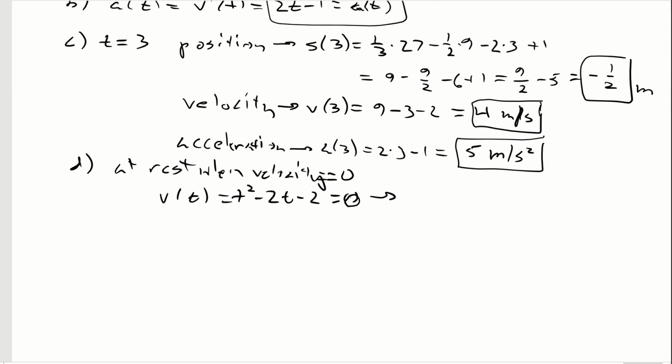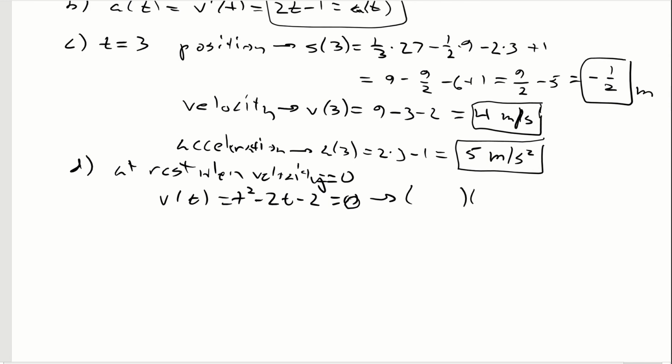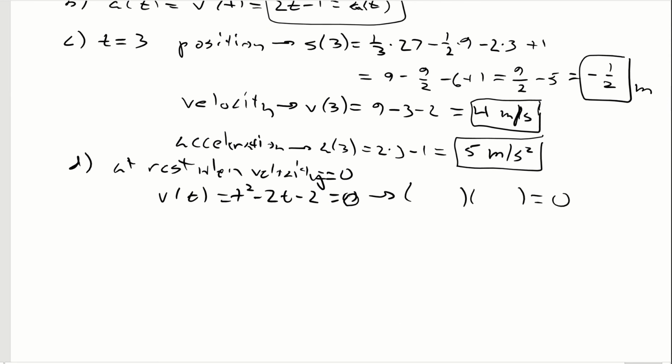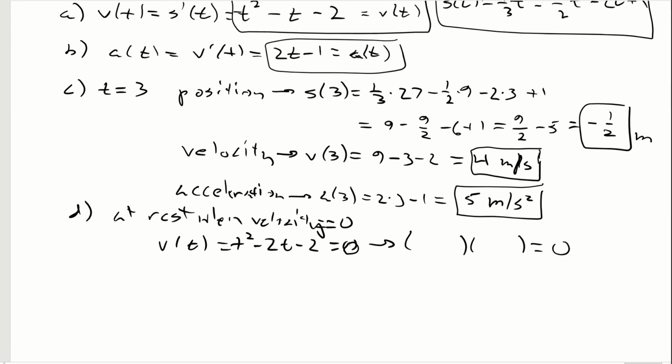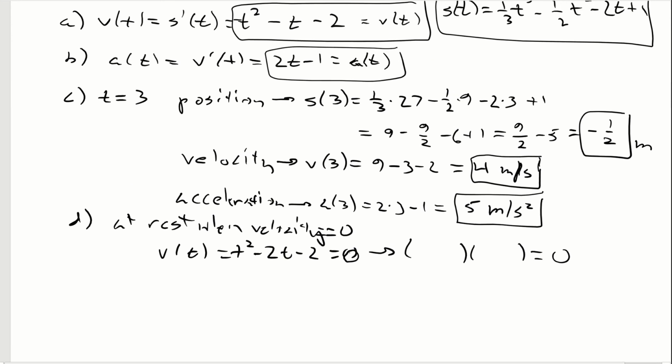Well, that looks like a quadratic, so it's going to factor nicely, I bet. Oh, did I do a bad problem? Oh, no, it doesn't have a 2 in front of the t. Thank goodness. Okay. t squared minus t minus 2, so we have t minus 2 times t plus 1.